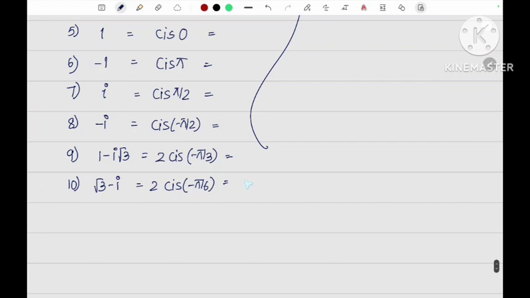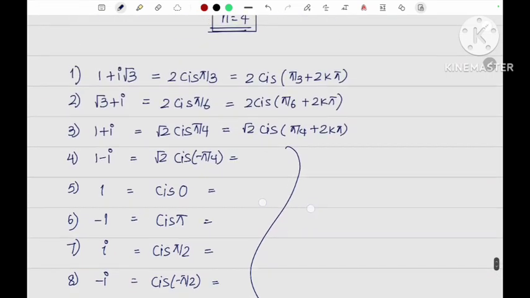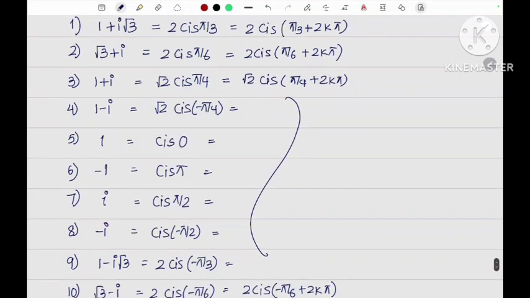Like here we can write 2 cis minus pi by 6 plus 2k pi, and just for the sake of completion, I am writing here k belongs to integers.